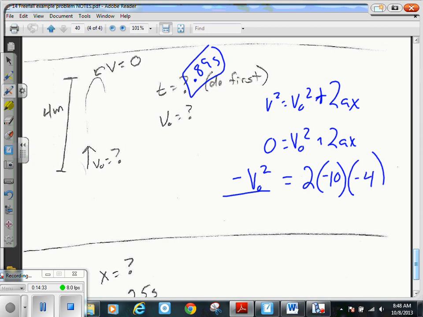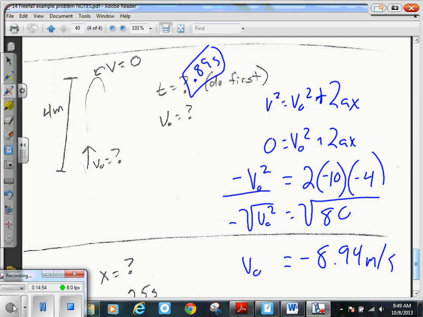So, negative square root of v sub naught squared, square root of 80. So v sub naught then equals negative 8.94 meters per second.